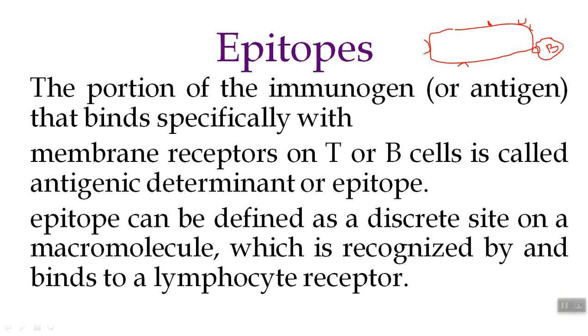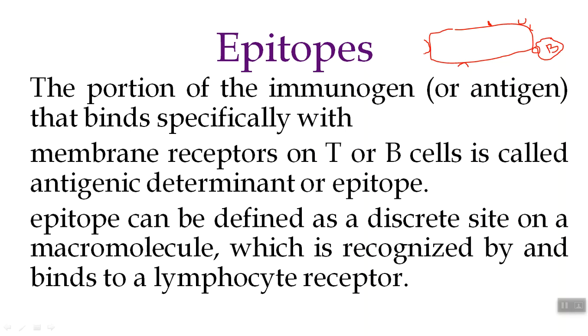For example, in the case of carbohydrates with repeating sugar units, we'll have several identical determinants. Well, a large single chain protein will have units each with a different amino acid sequence. So different antigenic determinants will be observed in the case of the protein.